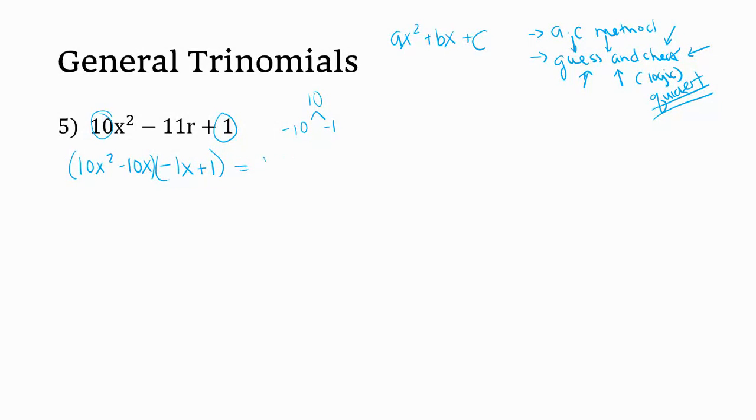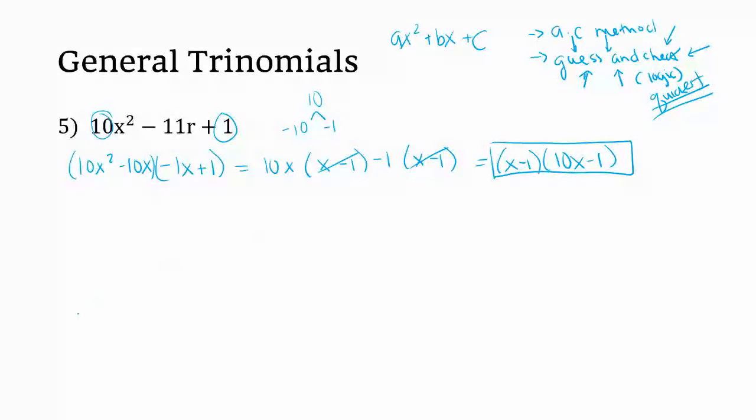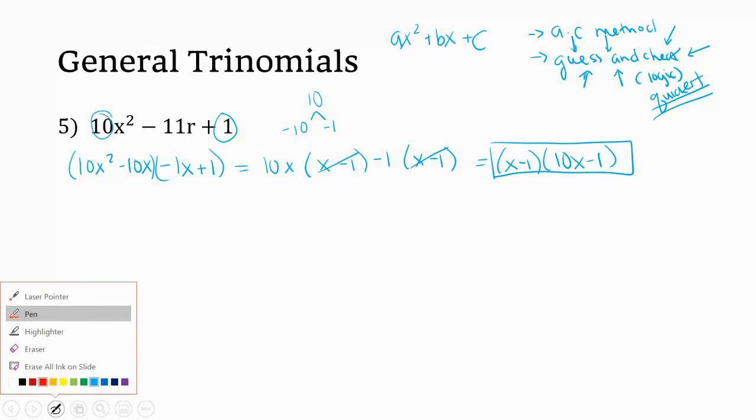In these first two, I can factor out a 10x, and I'd be left with x minus 1. In these second two, I can factor out a negative 1, and I'd also be left with x minus 1, right? And then they both have an x minus 1. So when I factor that out, I'd be left with 10x minus 1, and that would be factored form. Okay, so that's what I'm going to refer to as the AC method.